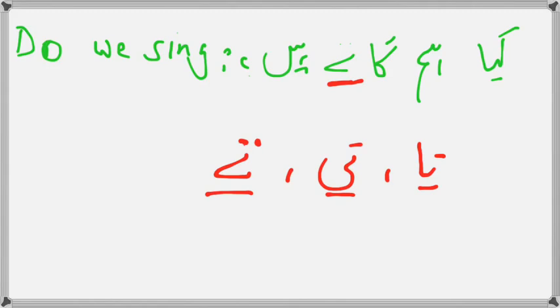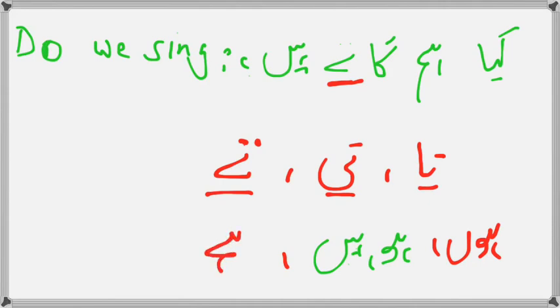With I we use हूँ, with you we use तुम गाते हो or हैं. With he we use है, with she we use है, and with they and we use हैं. वो गाते हैं, हम गाते हैं.